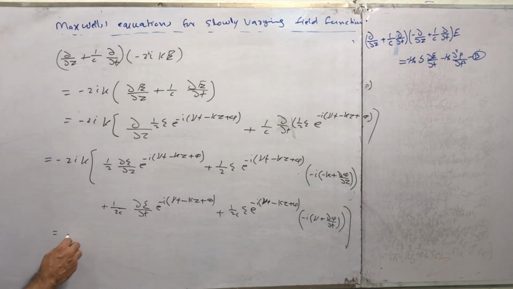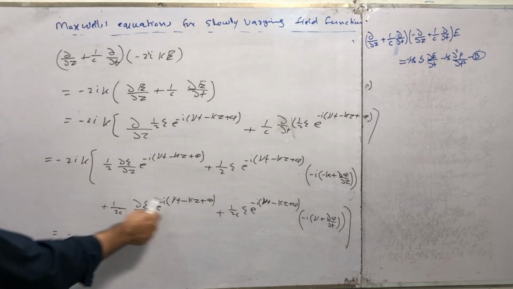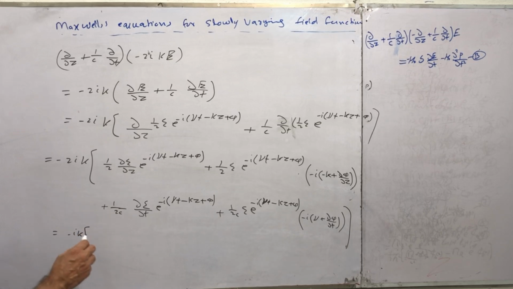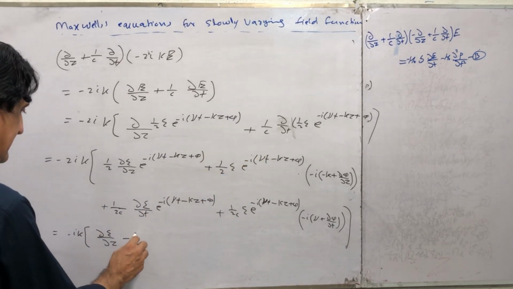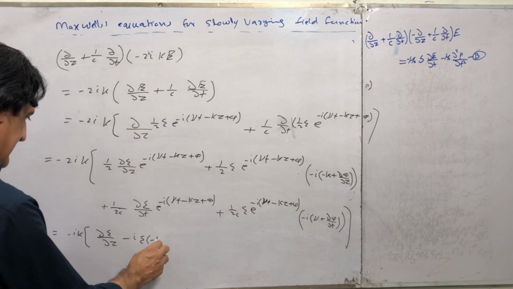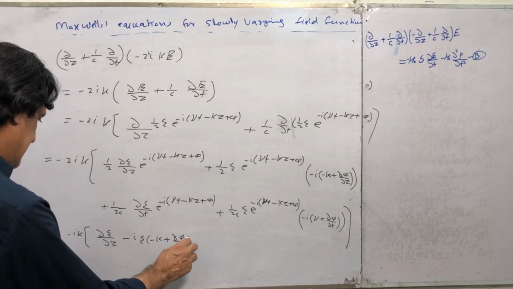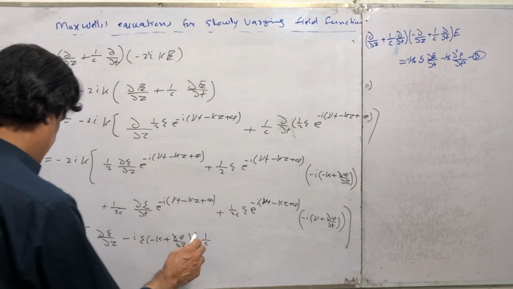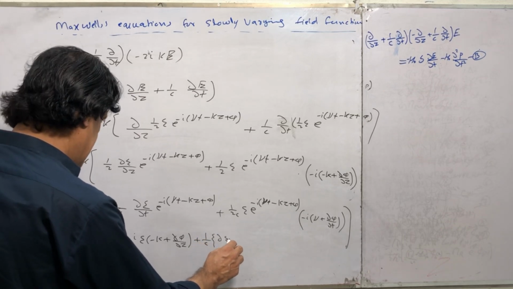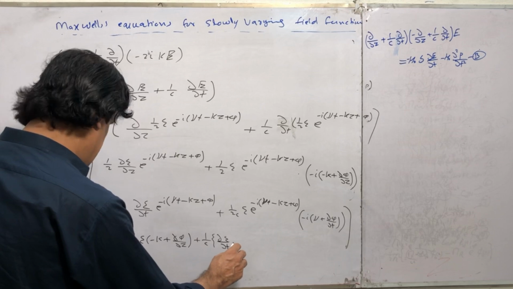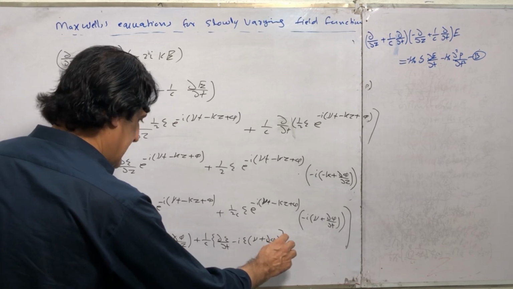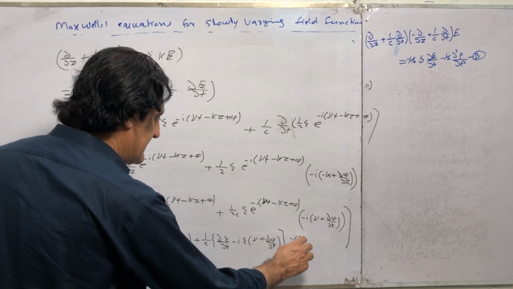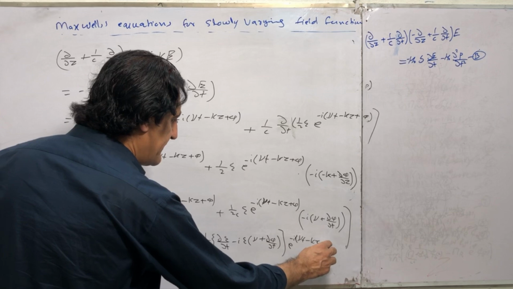Let's see, if we multiply this 2 inside, then 2 will be cancelled out, then minus iota k and partial e divided by partial z, and this term we can take outside, and minus iota e, minus k plus partial phi divided by partial z, plus 1 over c partial e divided by partial t, minus iota e, nu plus partial phi divided by partial t, and e to the power minus iota nu t minus kz plus phi.